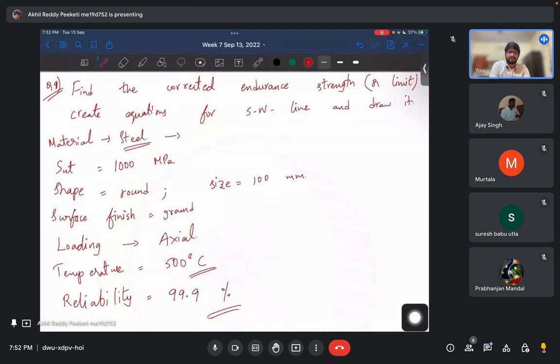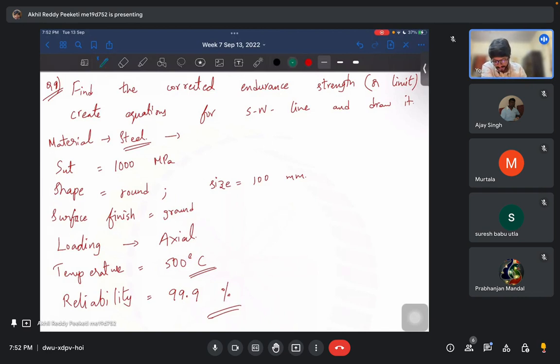So we have seen in the earlier question that the type of load, the size of the specimen, how it's made, surface finish, all these factors will affect this endurance. So let's see how they affect it, and if they are affecting, what would be the corrected fatigue endurance limit.